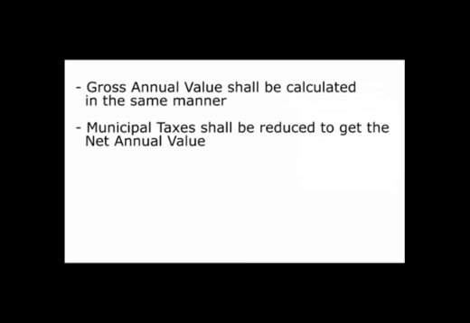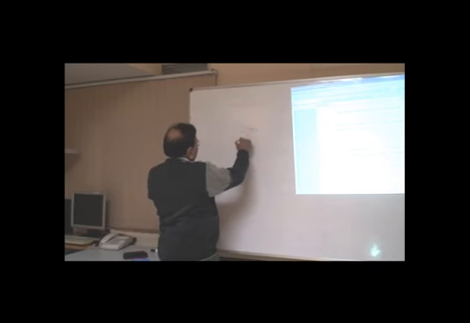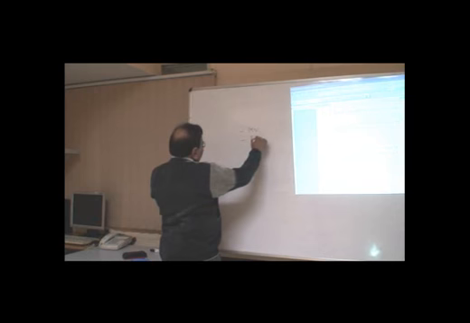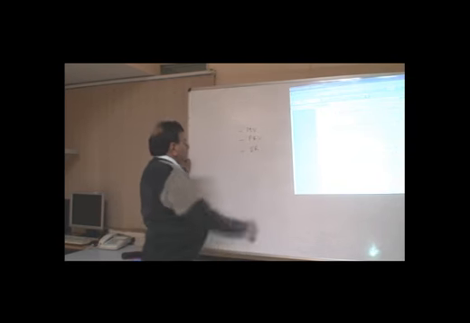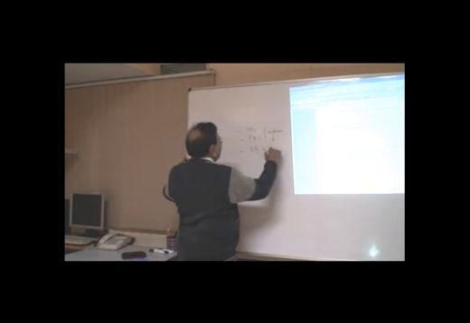In the first case, it is let out for the entire year. What you will do, you will see the municipal value, you will see the fair rental value, you will see the standard rent. We'll take the higher of the first two, compare this higher with standard rent, take the lower of these two.